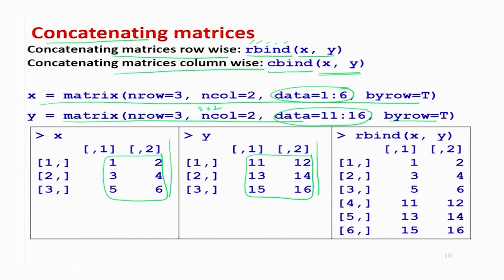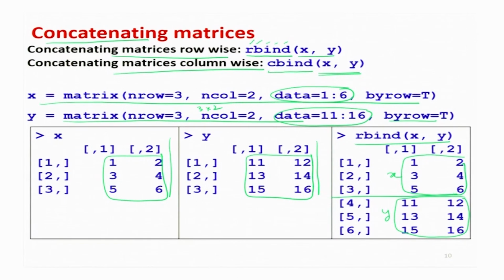Now, when I use the operation rbind(x, y) inside the parenthesis, you can see these are the elements of matrix x and these are the elements of matrix y, right. If you see the outcome of this rbind, it is row wise. All the rows are combined like this.